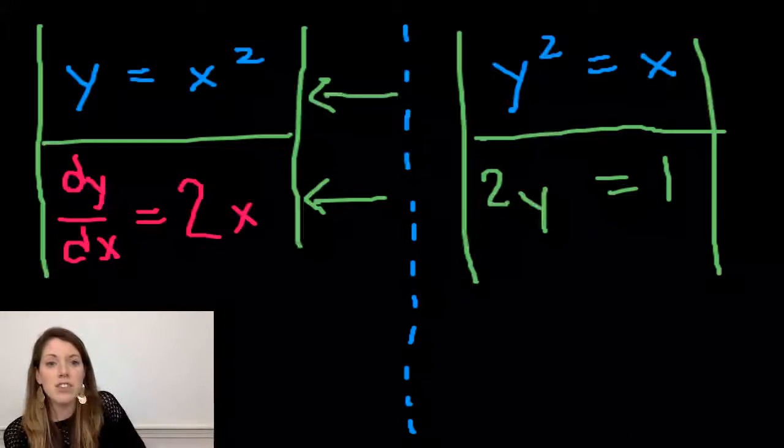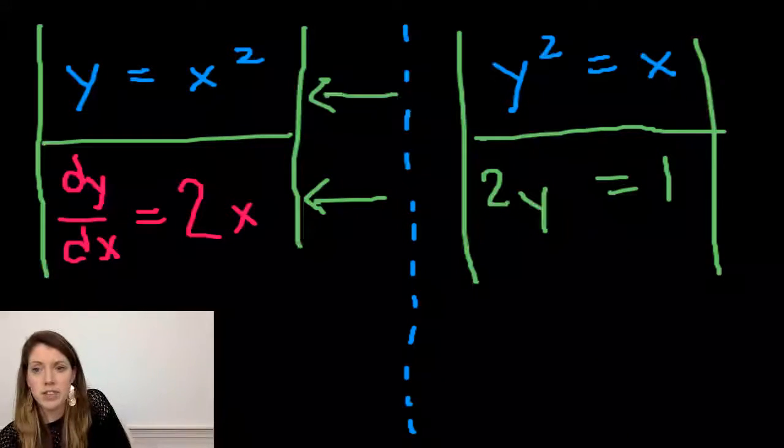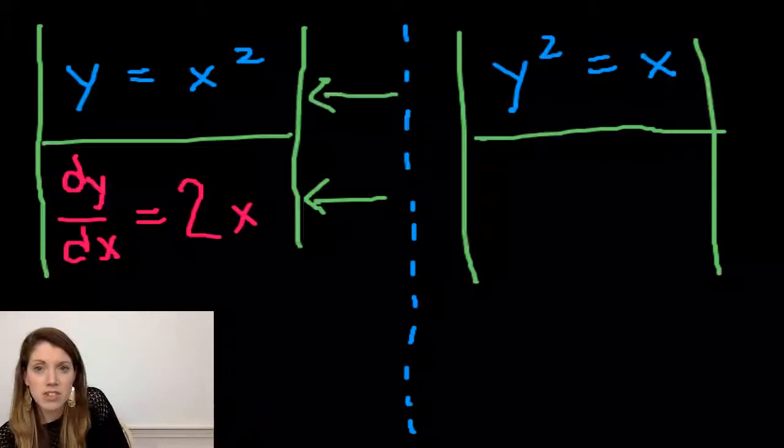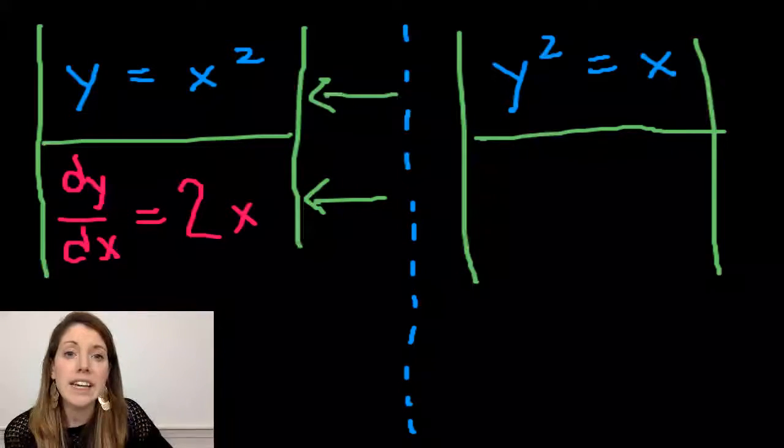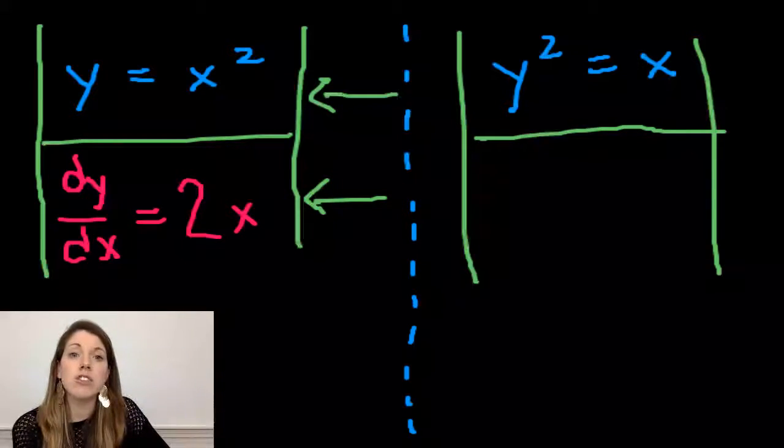Because y is not, here I need to erase this now. I want to erase everything, just our differentiation. Y is not just a variable. Y is a function. And anytime we derive it, we need to treat it as a whole function.